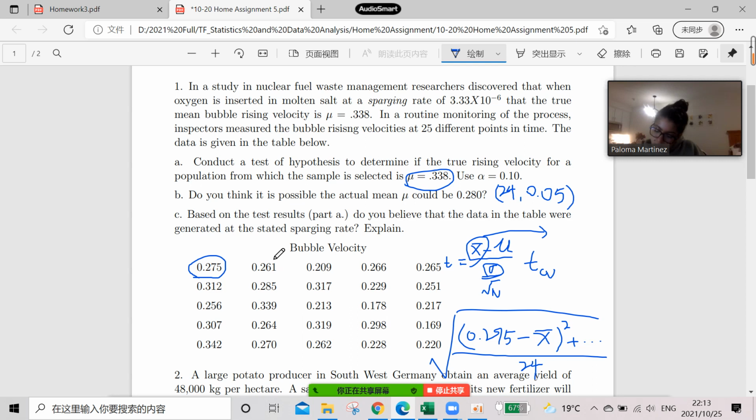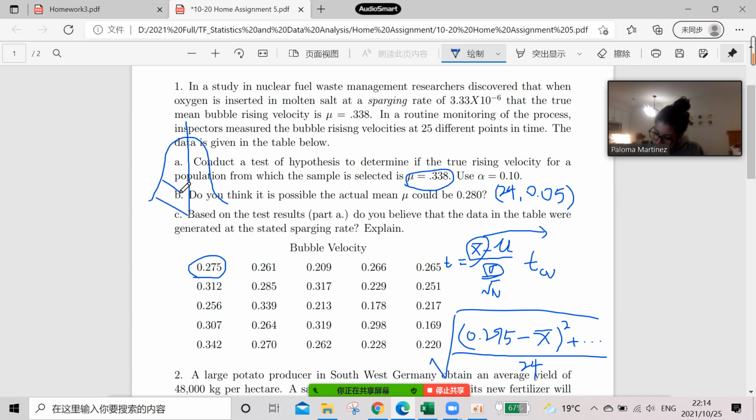Our population mean could be either less than 0.338 or greater than 0.338. This is a t distribution, still a symmetric distribution, and there are two tails. But after you find x bar is smaller than mu, you want to reject the null hypothesis by proving the population mean is less than 0.338.